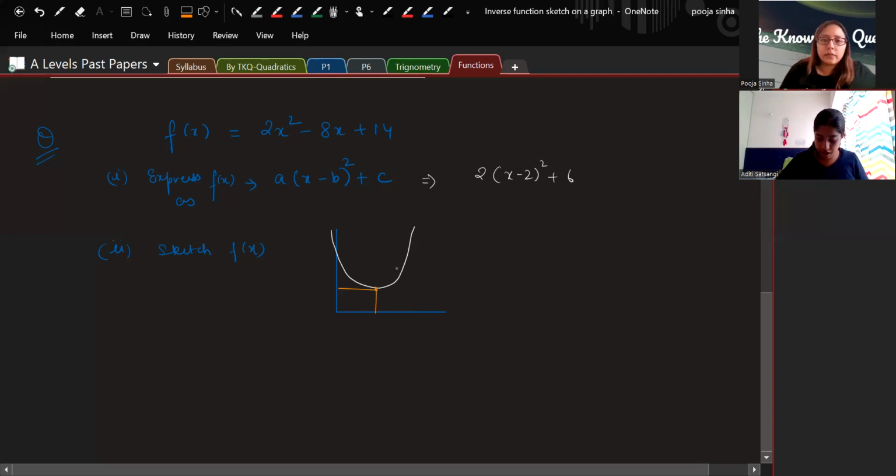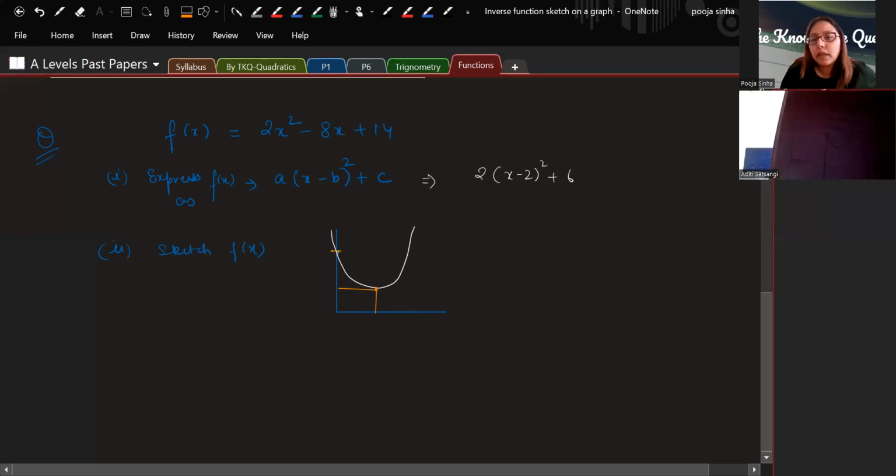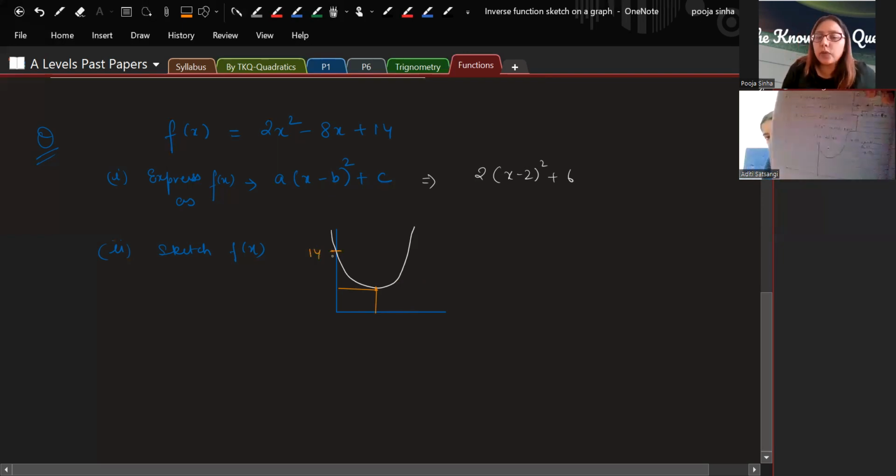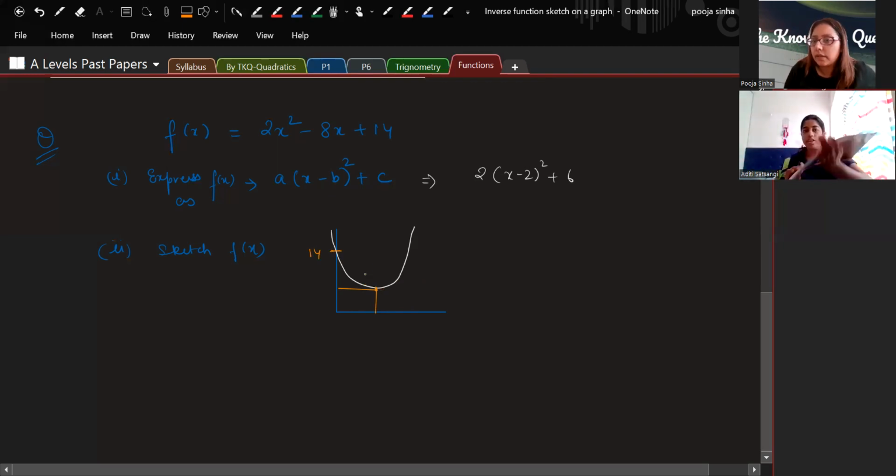It's going up, it's above the axis. And this is 14, you said, right? Yes, 14. I'm putting it as a smiling face, and the graph is above the x-axis, not touching the x-axis.